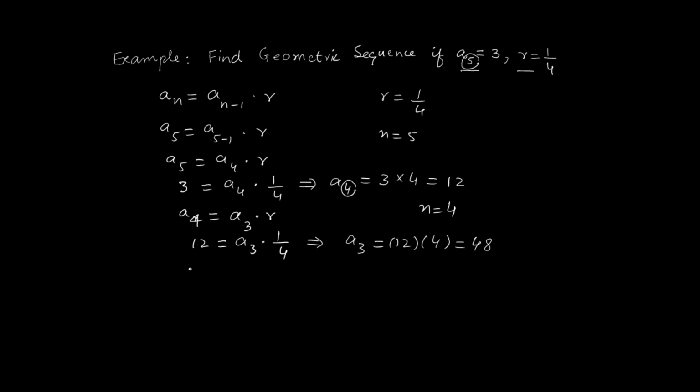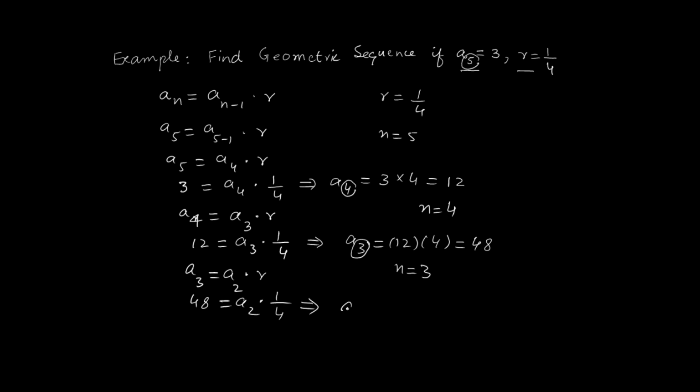Now again, we have found a3, so now I will put n is equal to 3 in this recursion formula. So a3 is equal to a2 multiply r. A3 is given 48 now, so a2 multiply r.